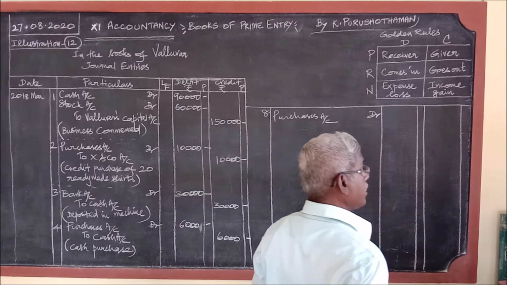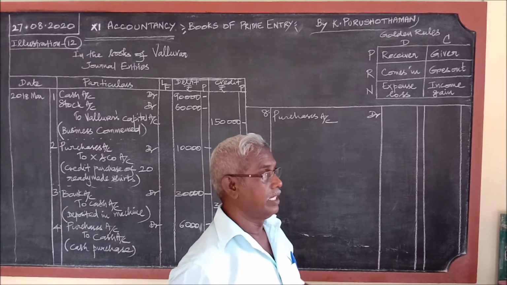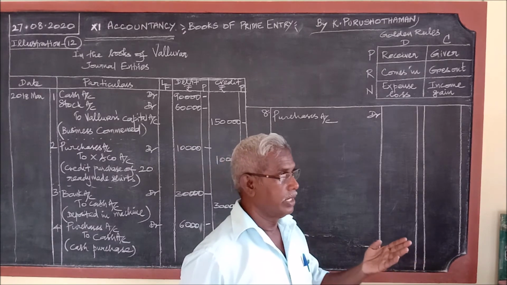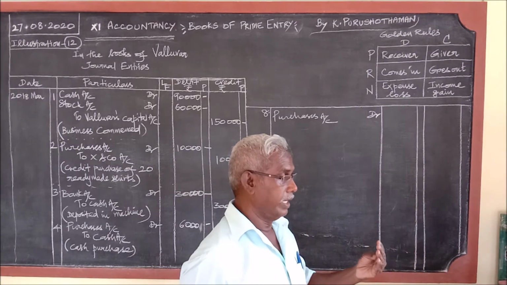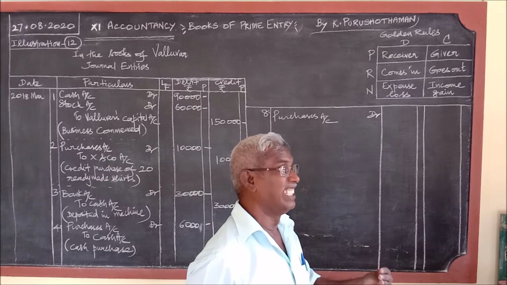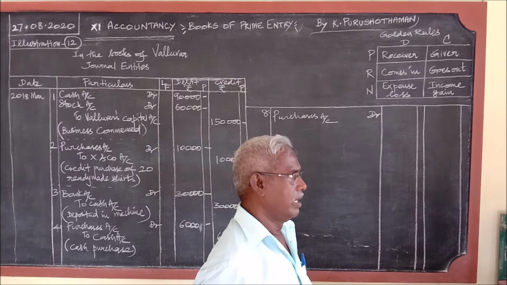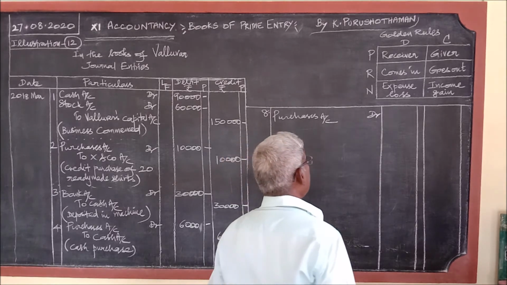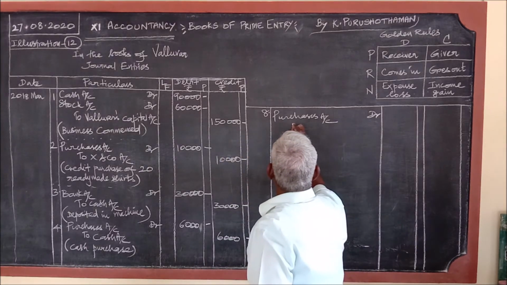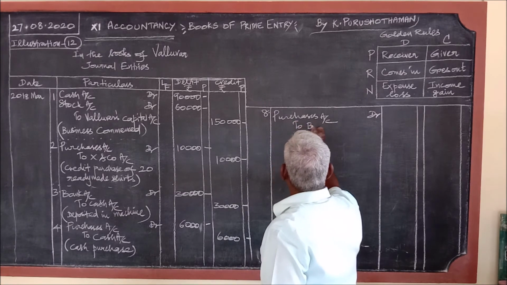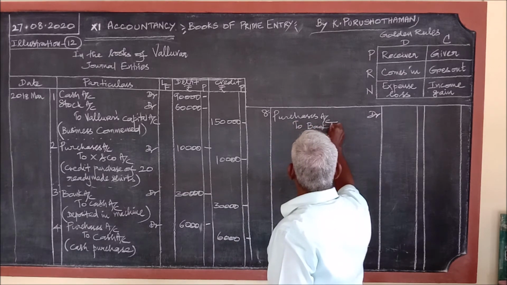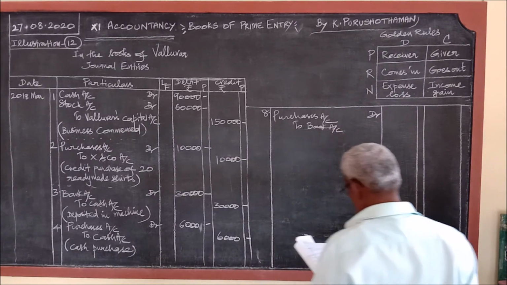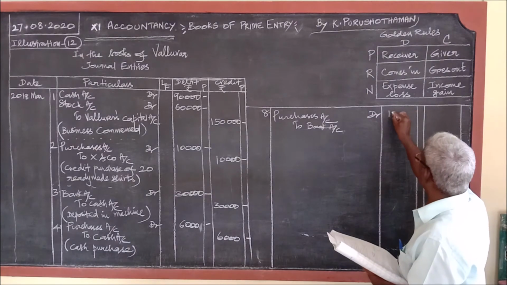I said in the last problem also, whether it is paid through debit card, credit card, ATM card, RTGS, net banking, or cheque, whatever it is, for all these things, bank is the source, therefore bank is the giver. So purchases account debit to bank account. And for 12,000 it is purchased.